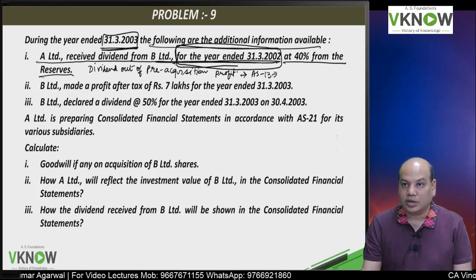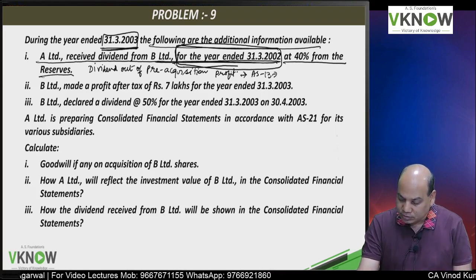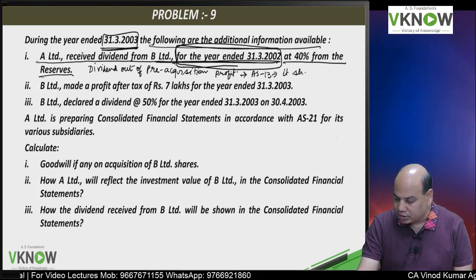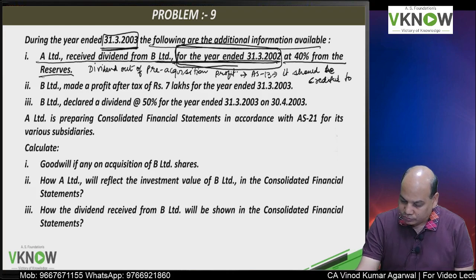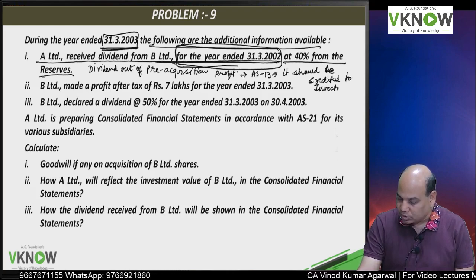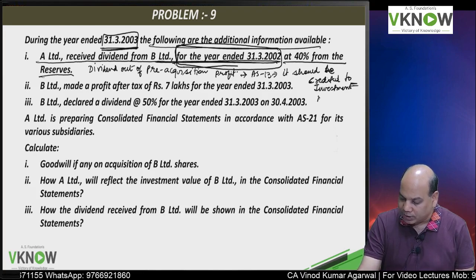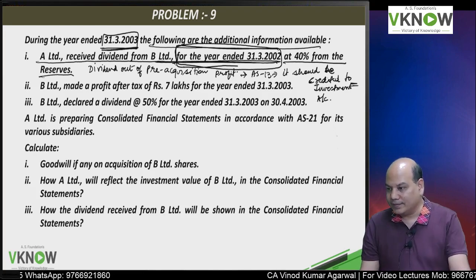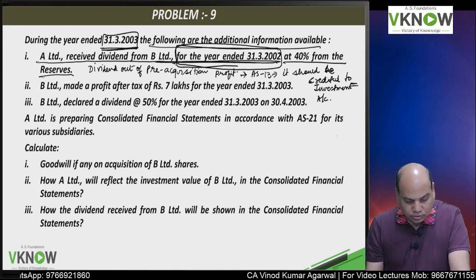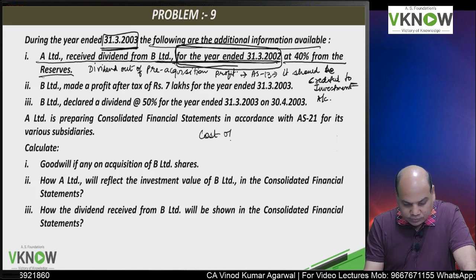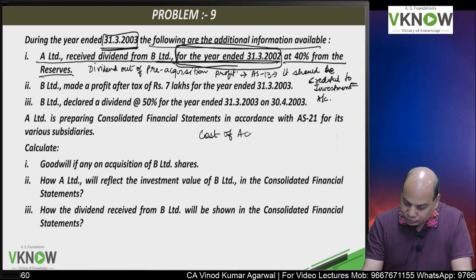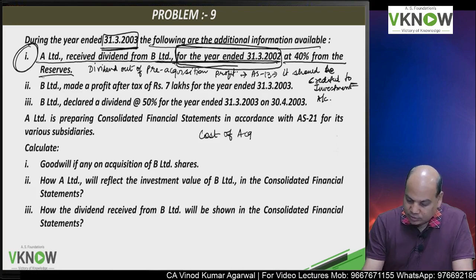AS 13 will apply, and according to AS 13, it should be credited to investment account. Dividend received out of pre-acquisition profit should be credited to investment account, and investment account balance will reduce. So let us understand how much dividend, how much was your cost of acquisition. First line of the question, we are discussing this adjustment 1.